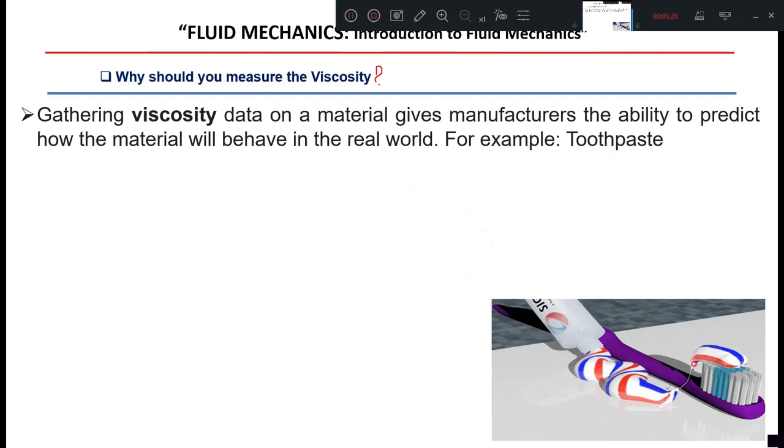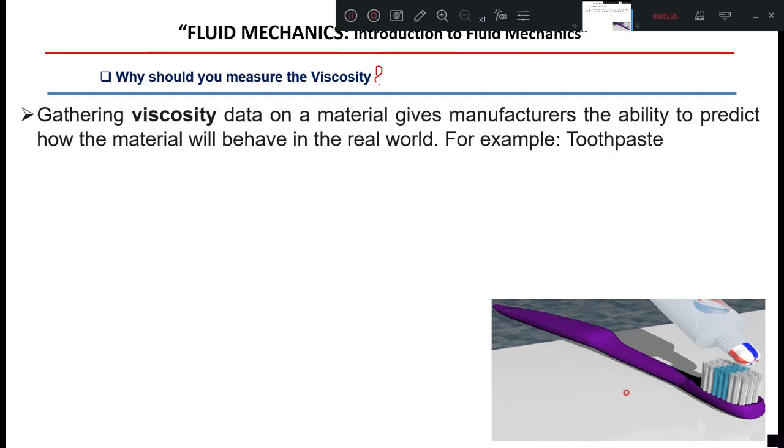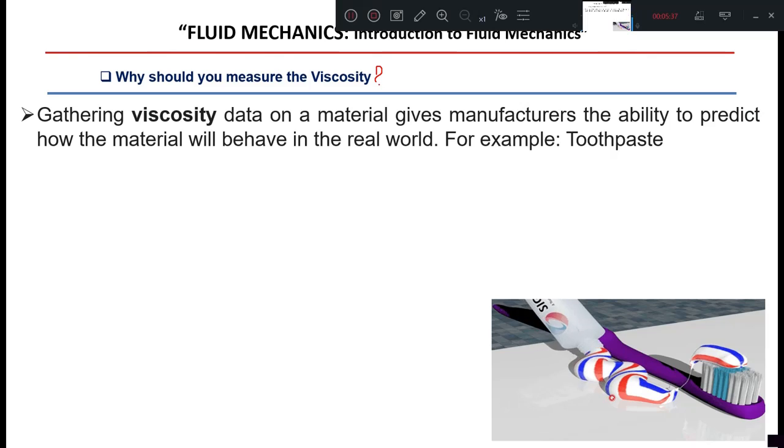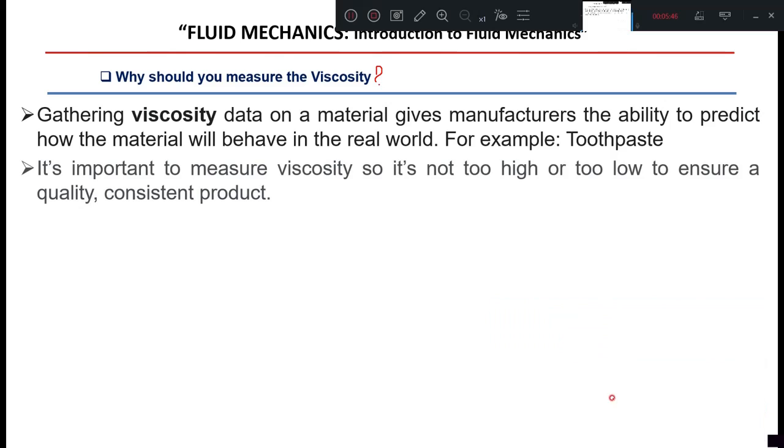So look at this picture here. We can say this is more viscous. If the viscosity of the paste is more, we need to apply more force to take it out. If it is less viscous, it comes out easily. So again, it is important to measure viscosity so that it's not too high or too low, to ensure a quality, consistent product.